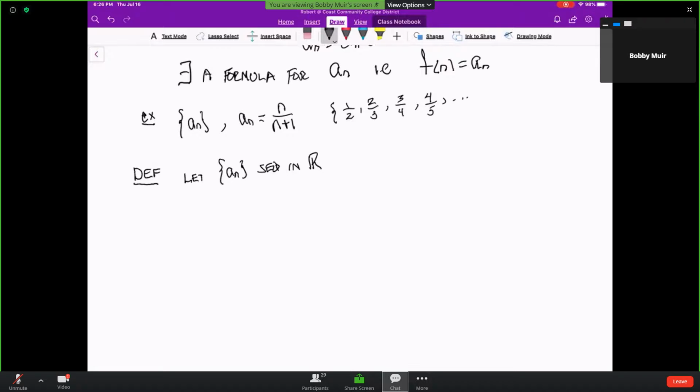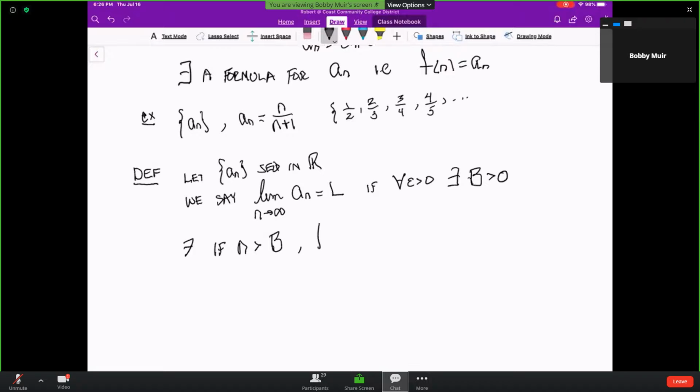So a_n is going to be a sequence in R. So we say that the limit as n tends to infinity of a_n is equal to L if for any epsilon that we want, there exists a big number B bigger than 0, such that if n is bigger than that big number, the difference between a_n and L can be made smaller than epsilon.